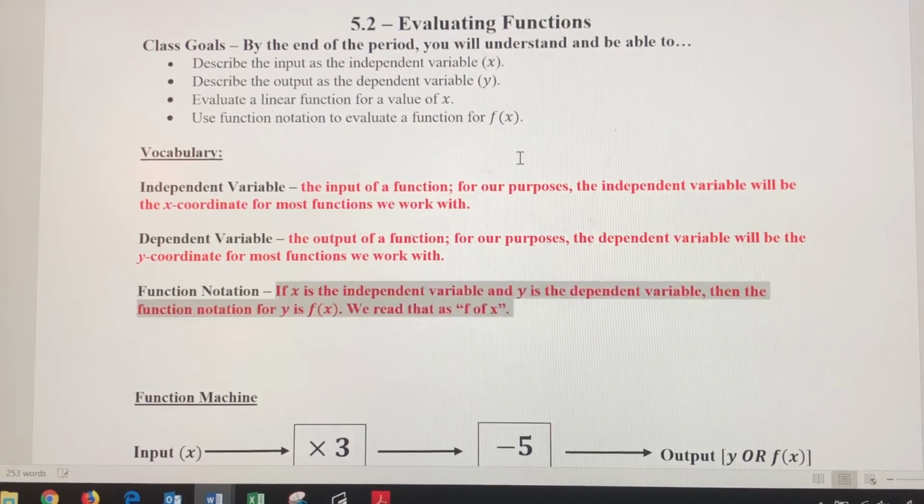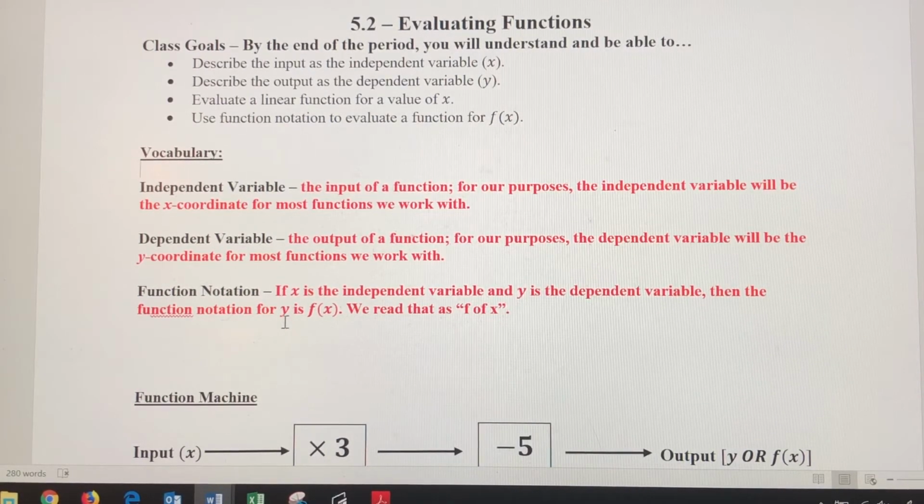Okay, so function notation. All right, so this is the first time you guys have seen this probably. If x is the independent variable and y is the dependent variable, then the function notation for y is what we call f of x. Okay, we read that f of x. So this f parentheses x here, we're going to read that as f of x. So a function of x is going to give us the same thing as y. So y is f of x.